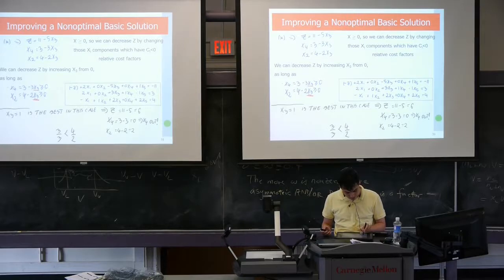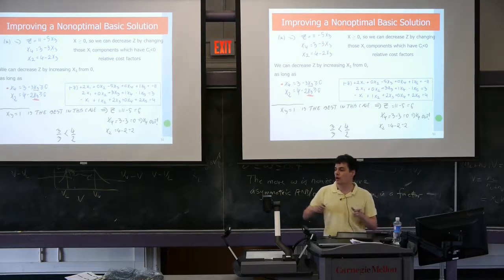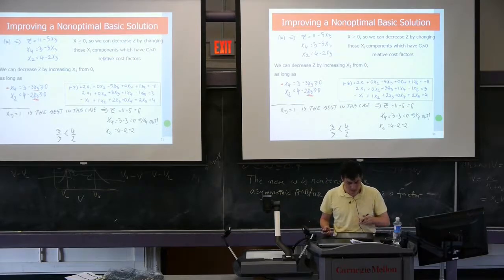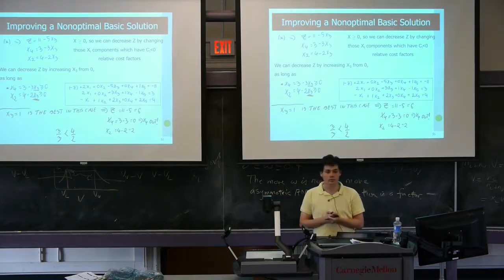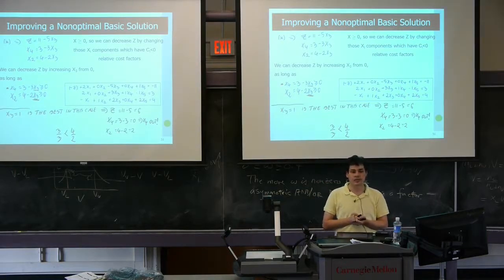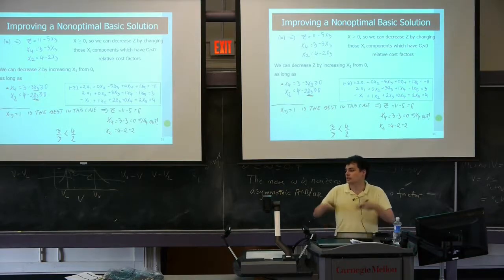That is, 3 over 3 is less than 4 over 2. That's why the active constraint is coming from this equation. And it means that we will set the value of x4 to 0. In other words, x4 will go out from the basic variables, and x3 will come into our basic variables. And in this way, z got a smaller value. How clear is this? That's a crucial step in the simplex algorithm. If you understand this, then you understand the whole simplex algorithm.